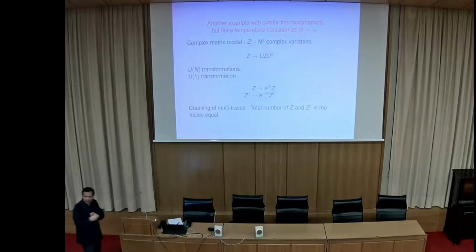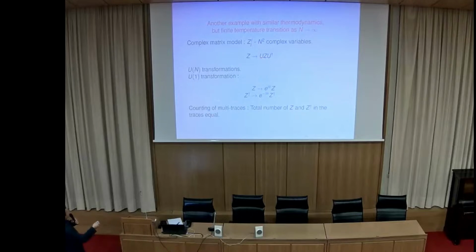And then the next question: can you do this in all models? So take the complex matrix model with just U(N) transformations, and let's introduce another U(1). Let's say Z is going to have charge 1, Z dagger charge -1. We're going to now start looking at gauge invariant functions of Z and Z dagger, so traces involving Z and Z dagger.